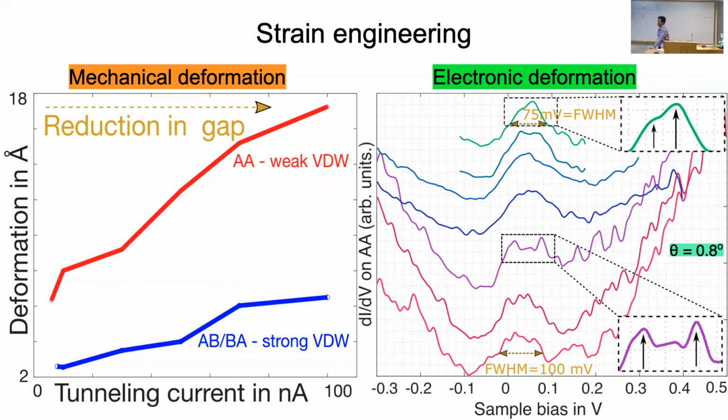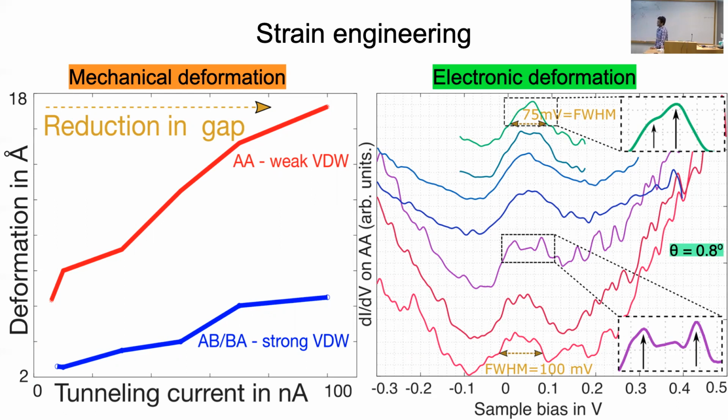What we are offering here is a novel approach to engineer strain. Other conventional ways of strain engineering are by twisting two materials or by applying pressure through polymer stacks. But what we are offering here is a controlled atomic deformation using a tip's interatomic forces.